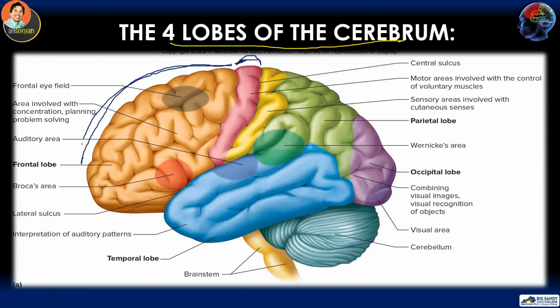This front is called the frontal lobe, mainly for action. And in the frontal lobe there is a special gyrus over here, from the top until the bottom, and this gyrus is called the pre-central gyrus.